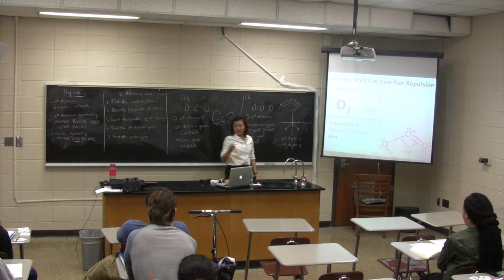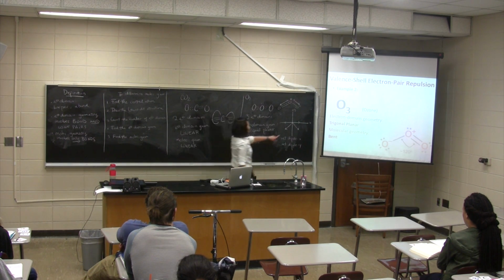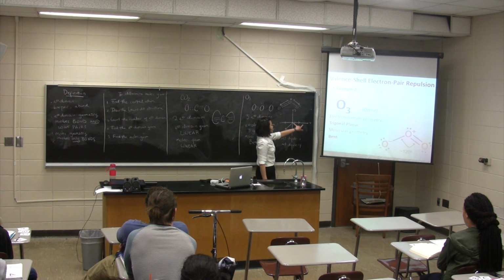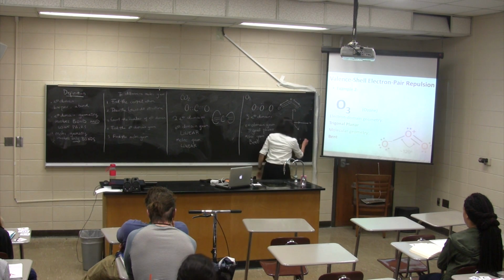Dipoles are additive. So if you have an x component towards the positive side and an x component towards the negative side, do they cancel out? Yes. And the net dipole along the x-axis will be 0.